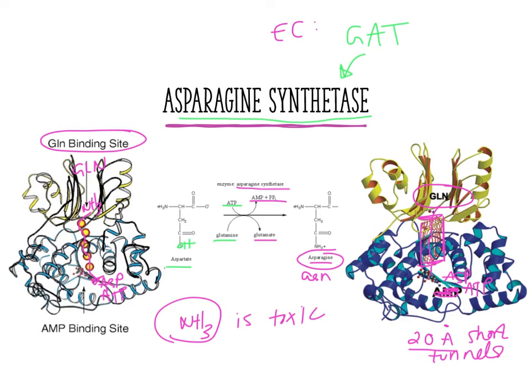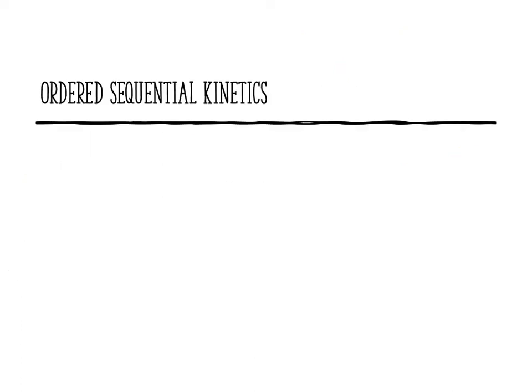And now we're going to talk a little bit about the kinetics. Just like with the transaminases, the amidotransferases also have two substrates and two products. In the case of asparagine synthetase, I'm just going to lump the ATP in with one of the substrates, and the AMP and pyrophosphate in with the ASN product.